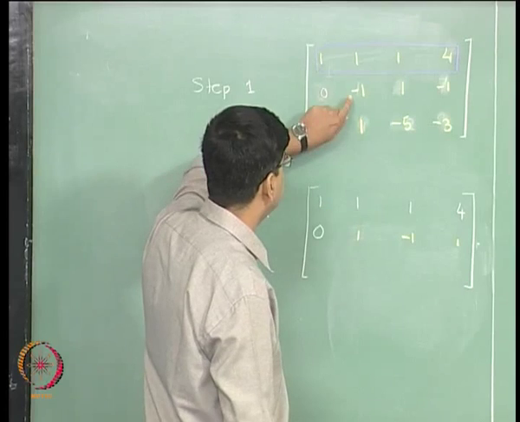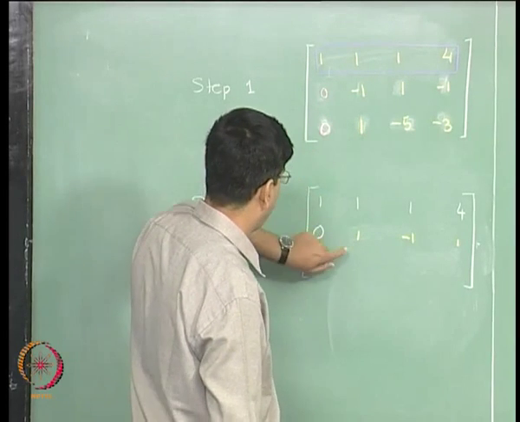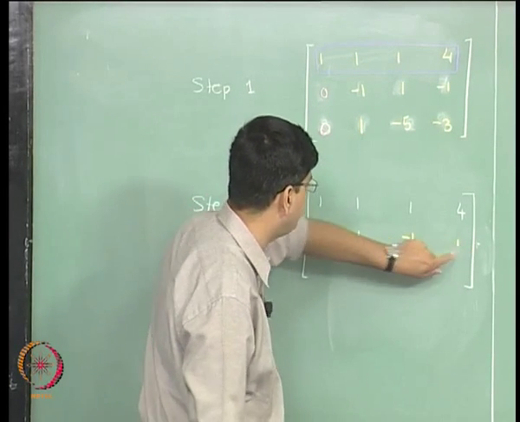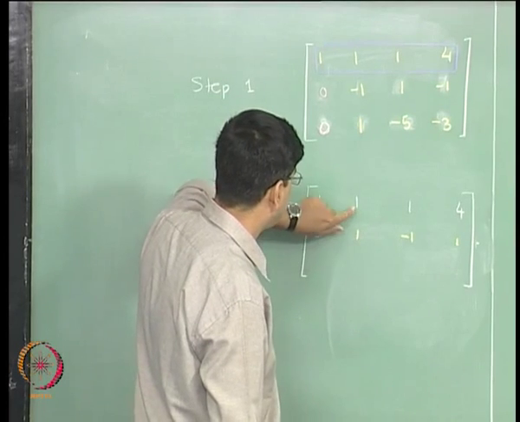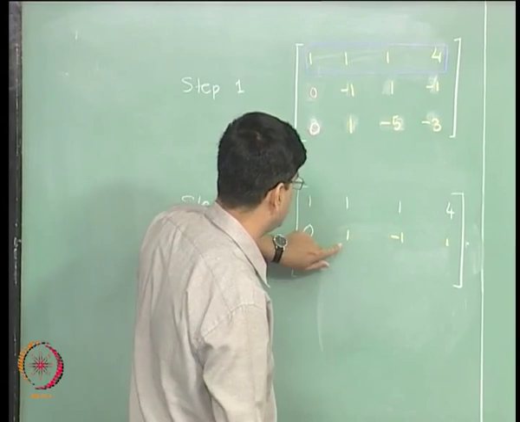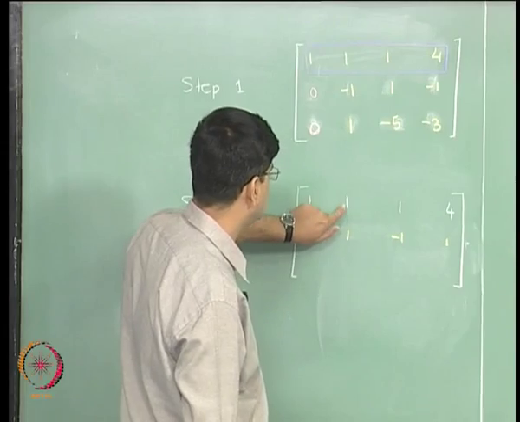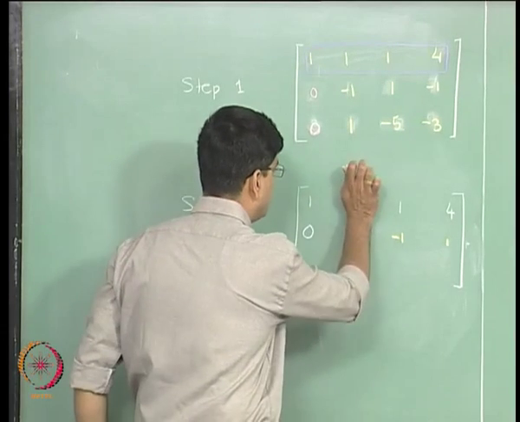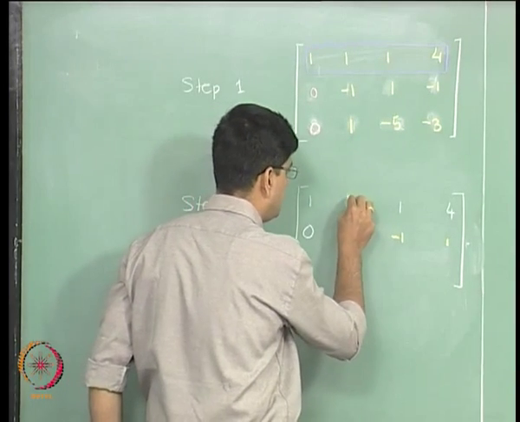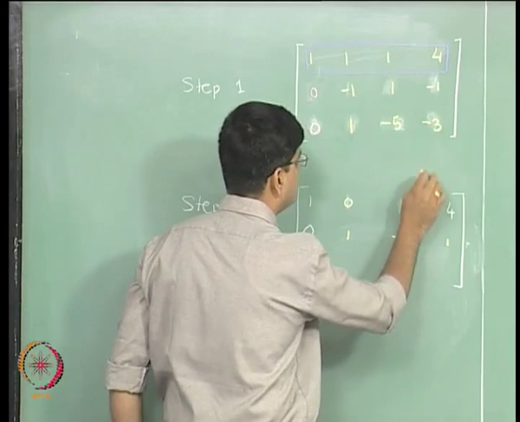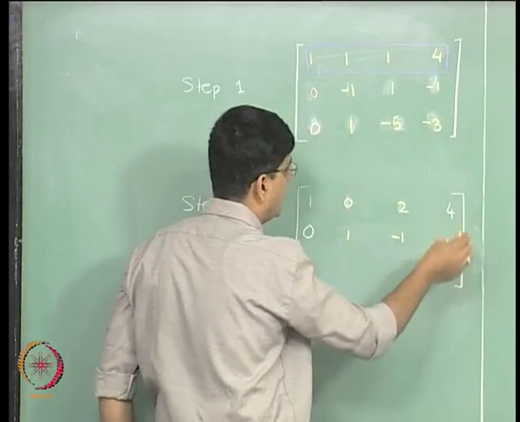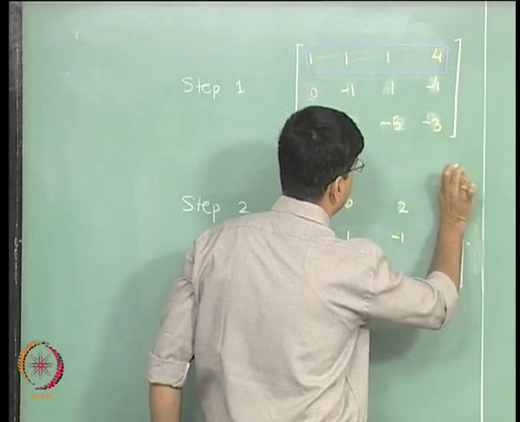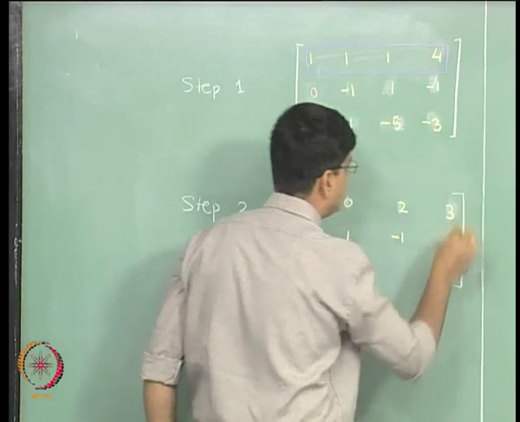So what that means is that once we have this particular row, we will subtract this equation from this particular equation. Which means this term is going to become equal to 0, this is going to be equal to 2, and this is going to be equal to 3, okay.